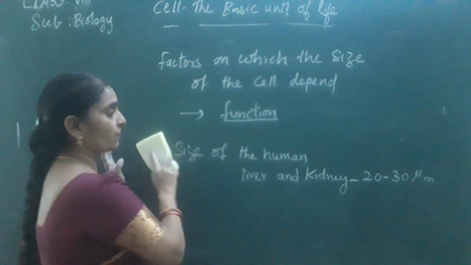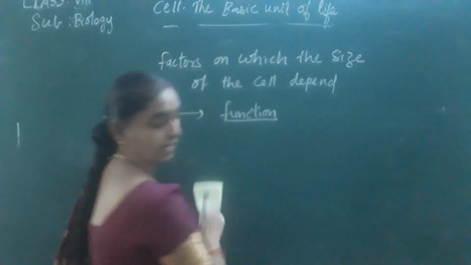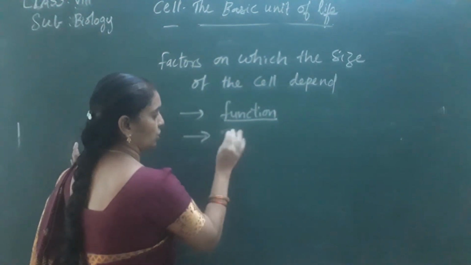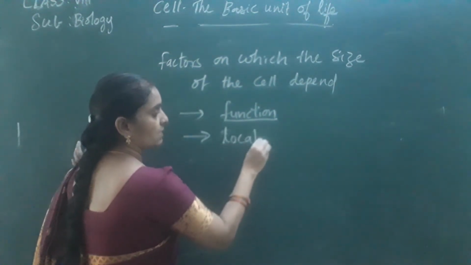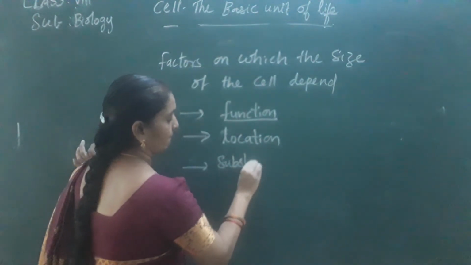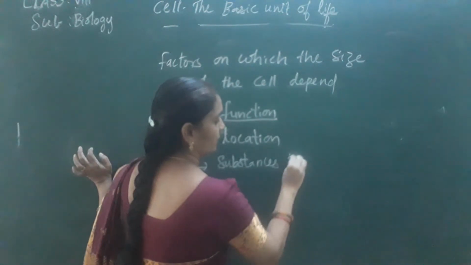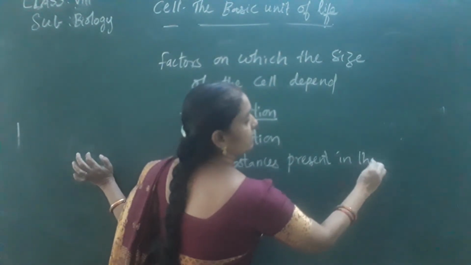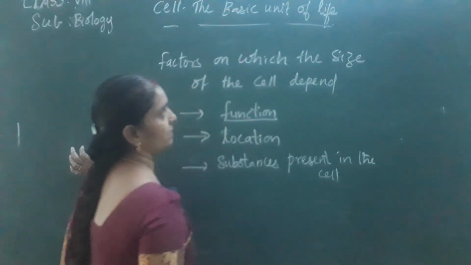How? The place where it is present, that is location. Secondly, its location and the substances present in the cell, that is cell organelles.